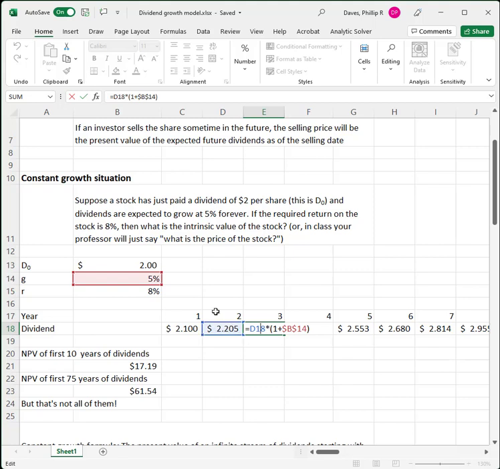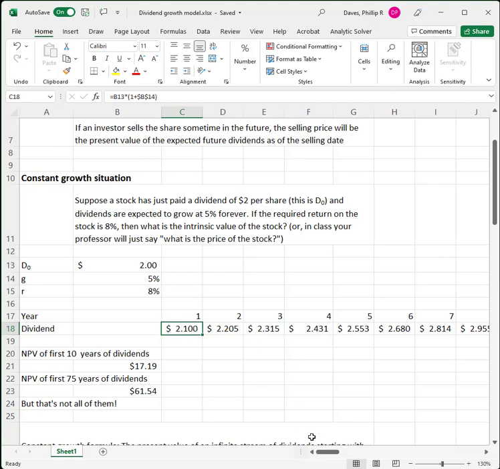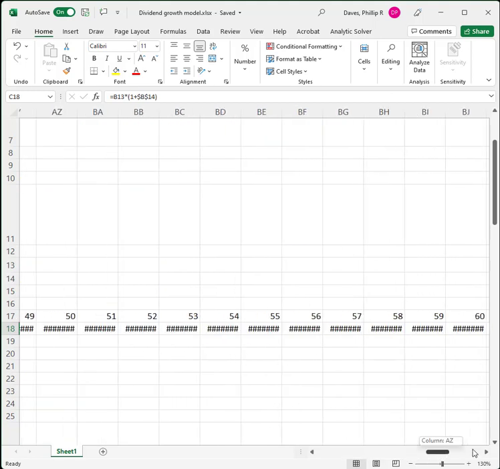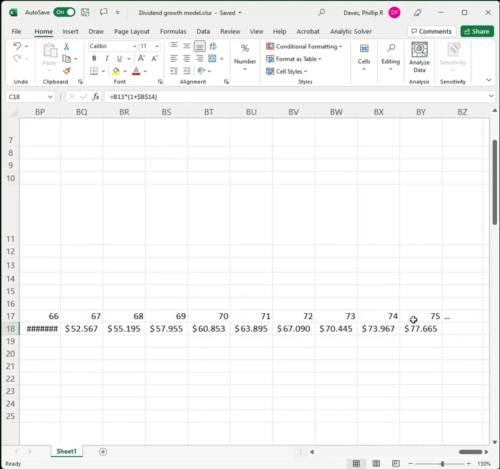And so notice that, just for ease of calculation, I've put absolute cell references around that growth rate so that I can just copy them out to the right without having to type in a new formula. And as a matter of fact, what I've done for you here is I have just listed out, I believe, 75 years worth of dividends.